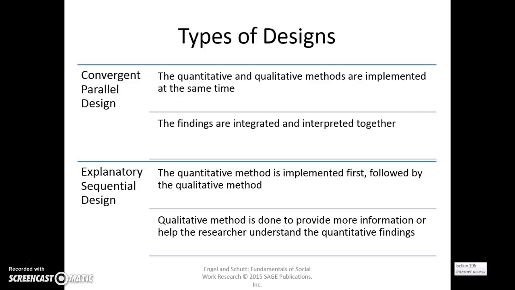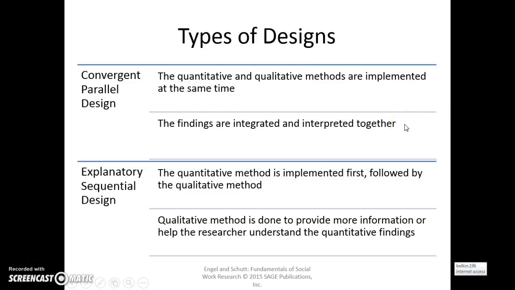There are lots of different designs, and I'm not going to go through these in too much detail because they're covered fairly well, but it's important to refer back to what we looked at just a second ago with the visuals of how they get implemented. So again, the idea is that you may have quantitative and qualitative being done at the same time, but then the findings are integrated together.